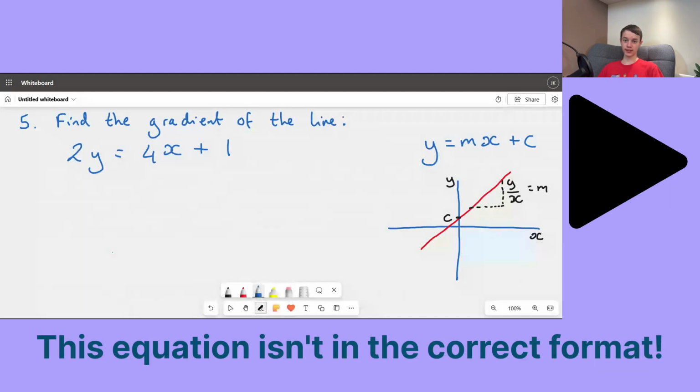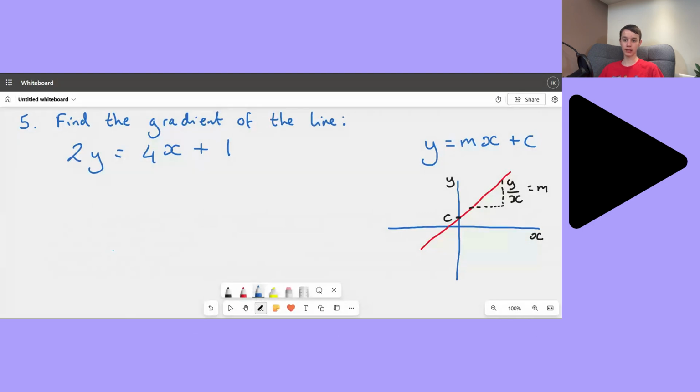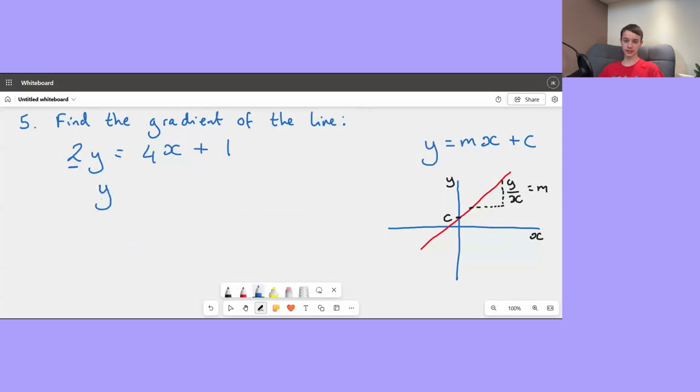This equation is not in the right format. The 2 is a problem. So we have to divide by the 2 on both sides, because what we do on one side we must do to the other. So the y equals 4x plus 1 over 2.